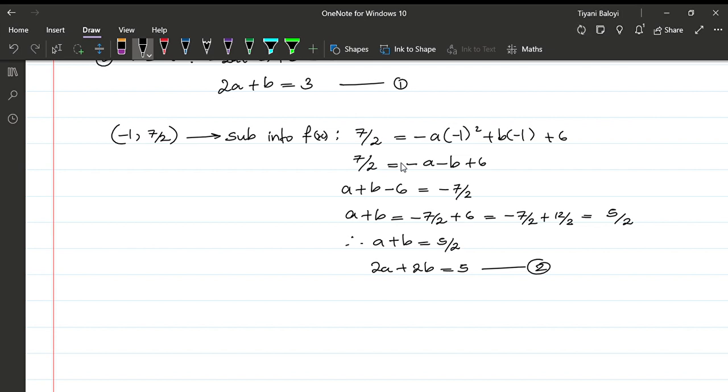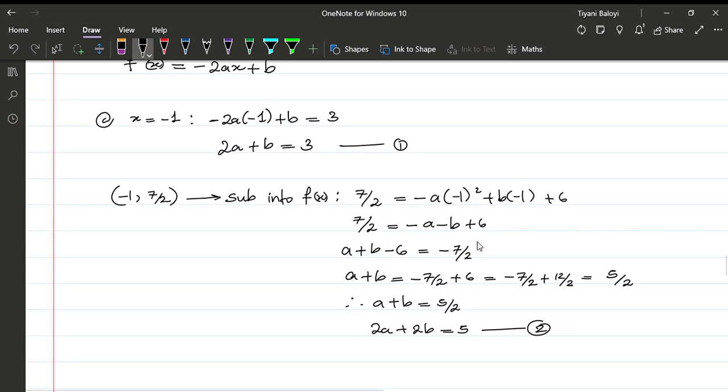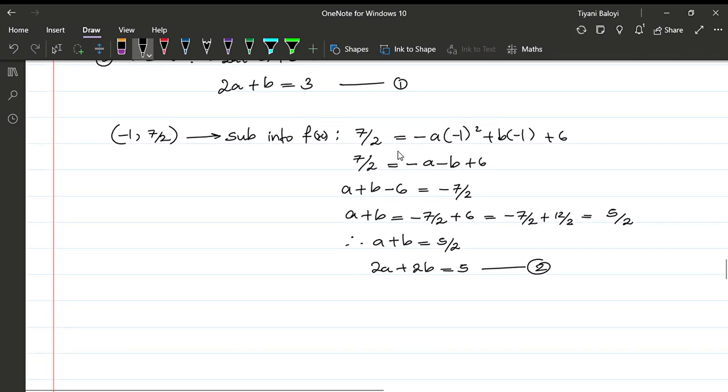Equation 2. Since you have equation 2, you go back to simultaneous equations, which you can just do what? You can use two methods: elimination, the process of elimination, or substitution. Let's just use elimination. I'm sure the last time you saw elimination was back in grade 11 or grade 10, because most of the time in grade 12 we mostly use the substitution method.